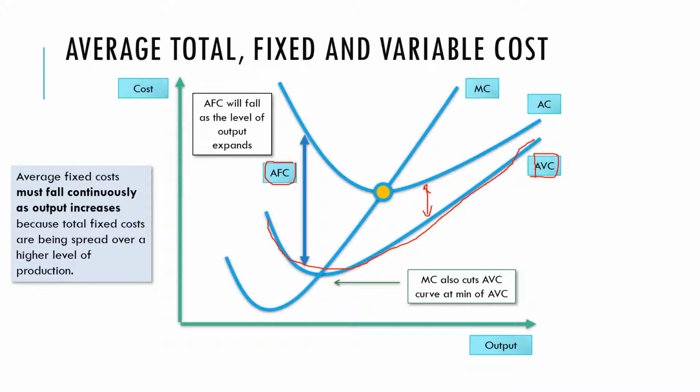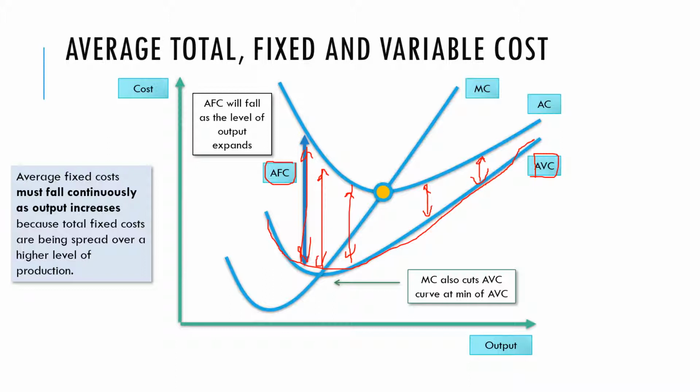I would expect the average fixed cost, the gap here, to get smaller and smaller over time, because as we spread out the fixed costs across other units, the average will fall. So if I have fixed cost of 2,000 and I have 50 units, the average is 40.